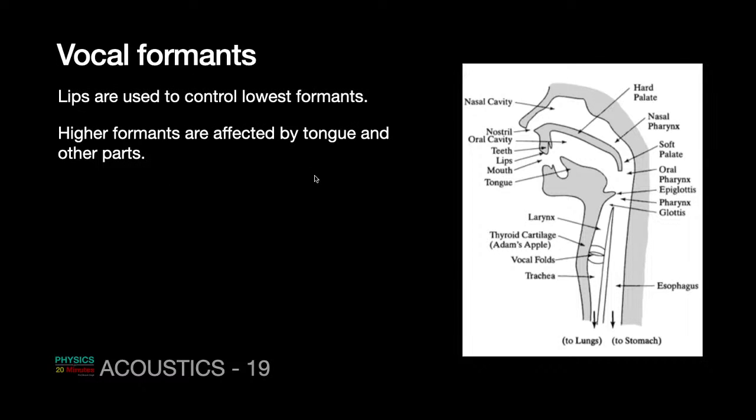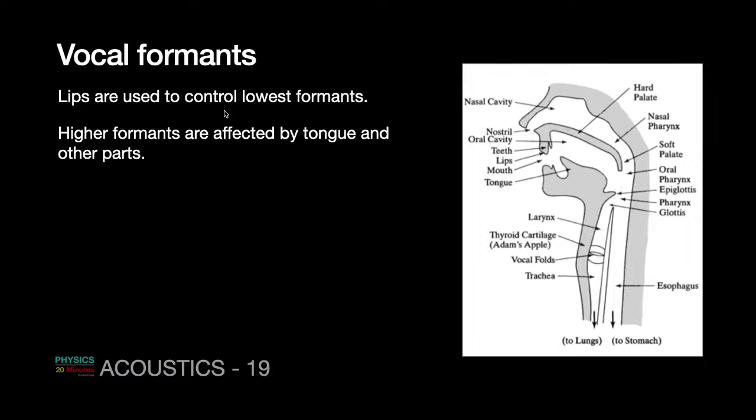Lips are used to control the lowest formants. Although this tube acts like a resonator, the resonant frequencies of the tube can be altered, and one of the main places where this alteration takes place is the mouth.